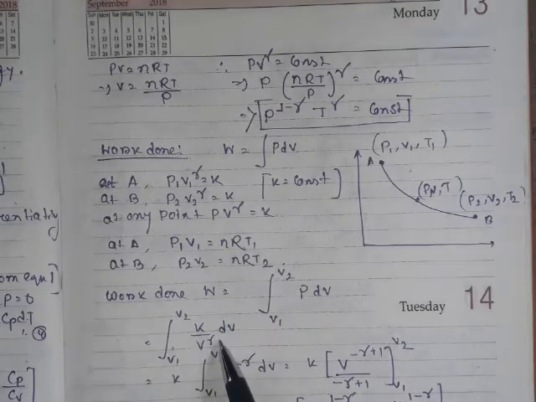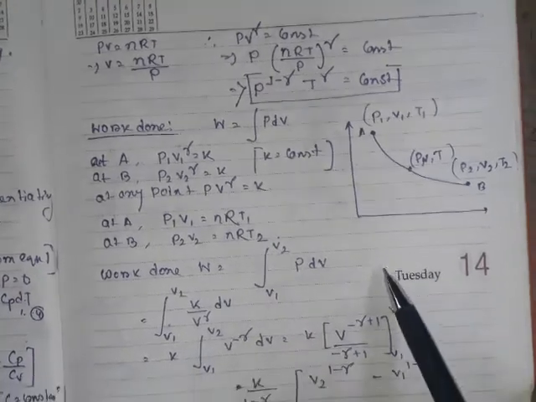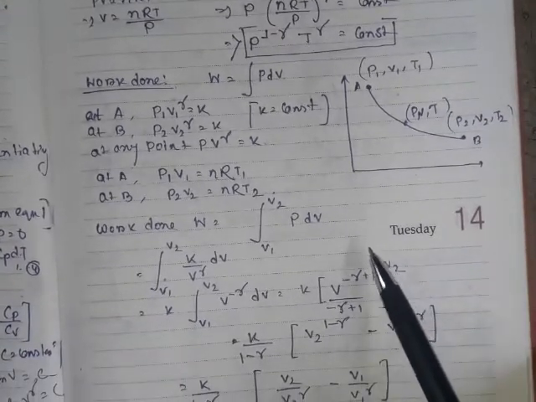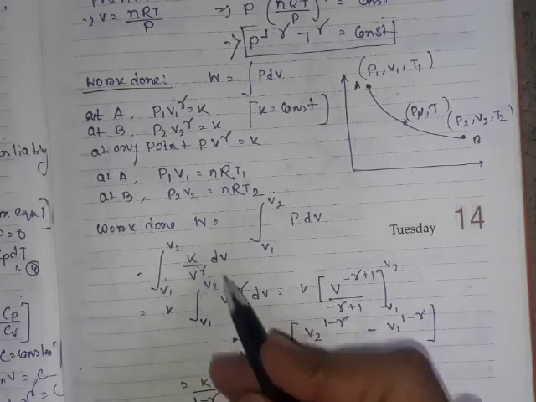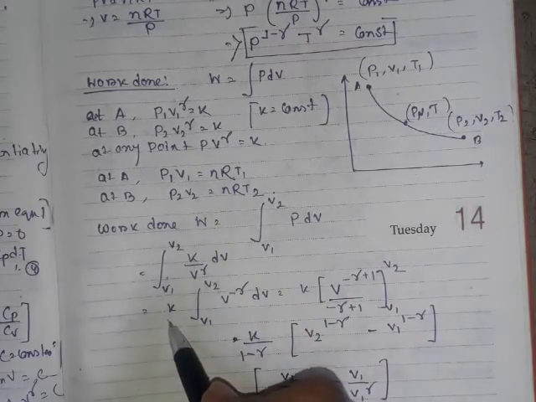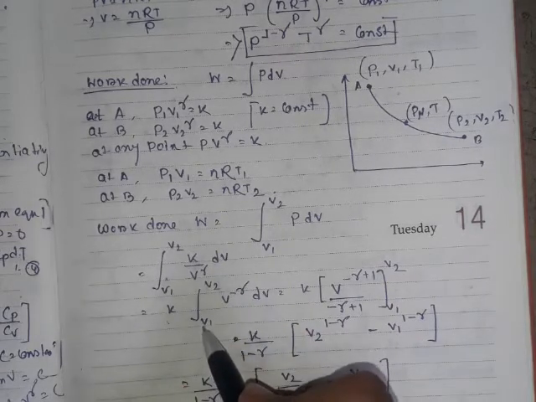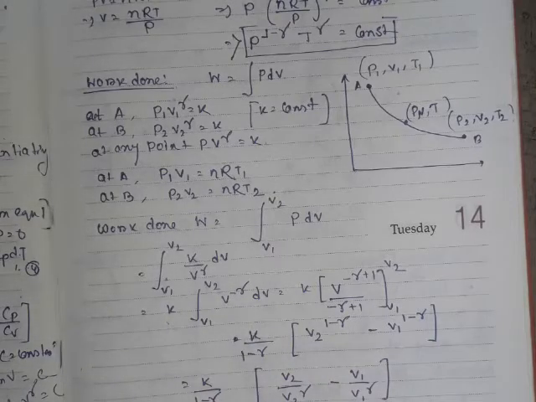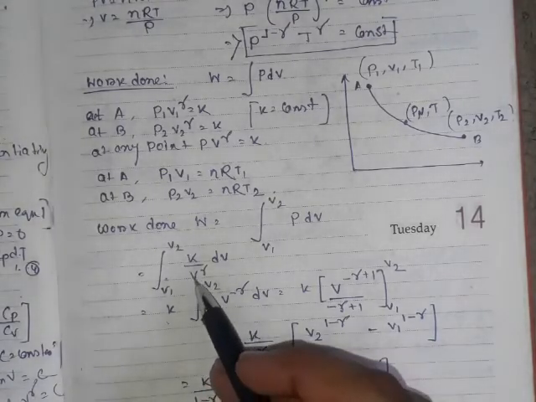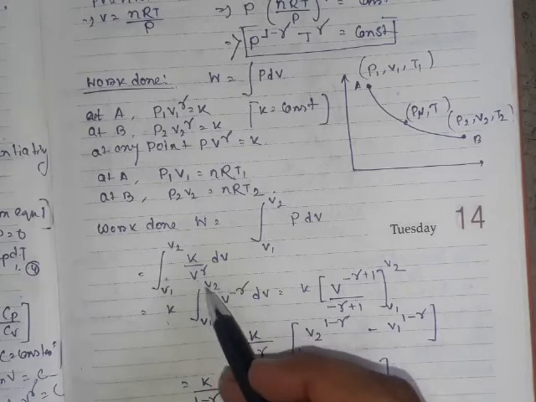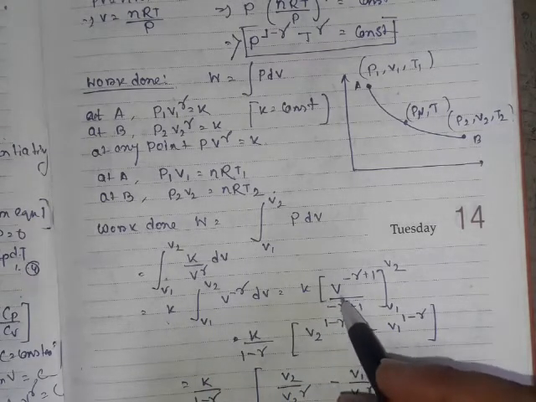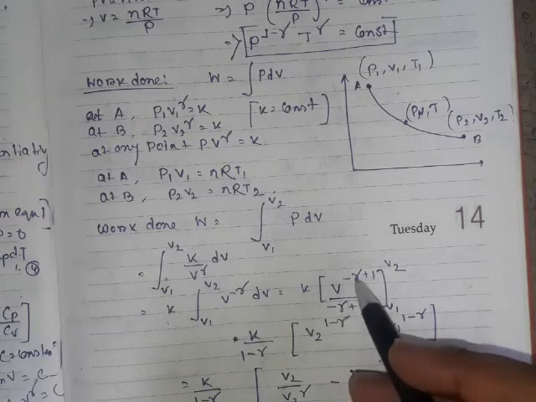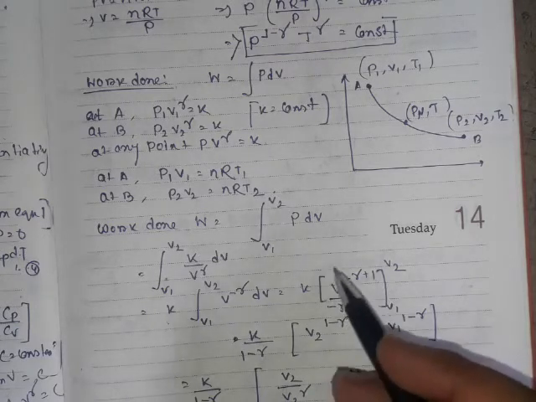Just put it here, and as we know, the integration of x to the power n dx. So just take the K out of the integration. That will be the integration from V1 to V2 of V to the power minus gamma. Since we have V in the denominator, it will be V to the power minus gamma dV, and by integrating that we will get K V to the power minus gamma plus 1 by minus gamma plus 1.